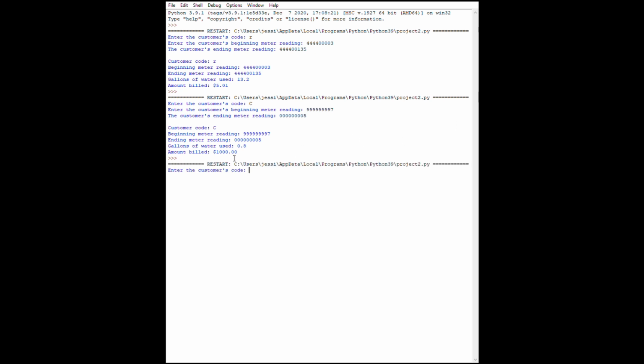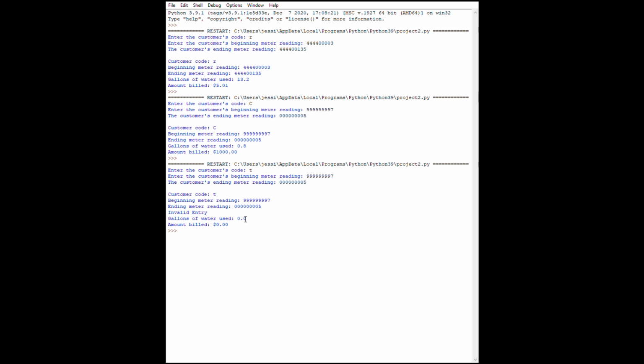Let's do one more. Gonna enter something invalid, so T. And so here we can see that there's an invalid entry, and it just outputs 0 for gallons and then 0 for the amount billed as well.